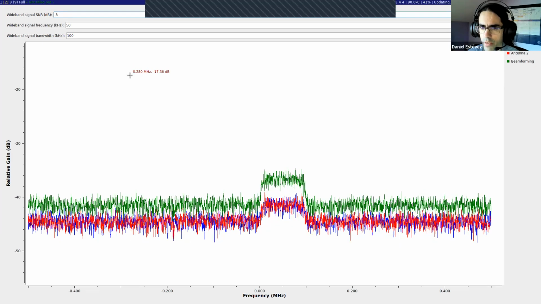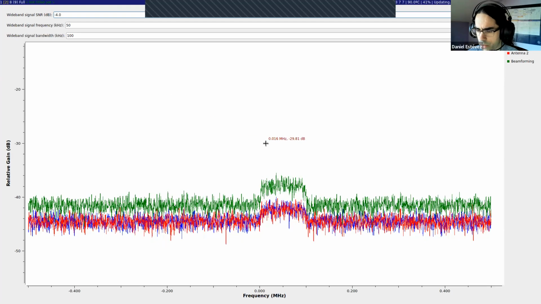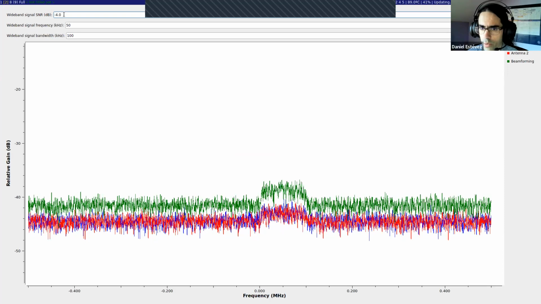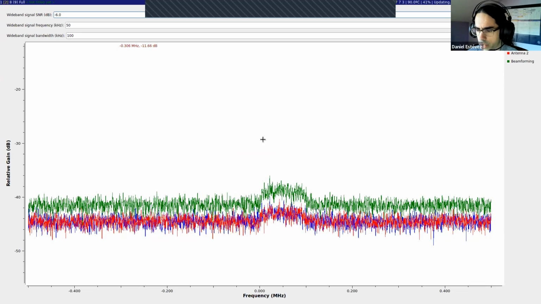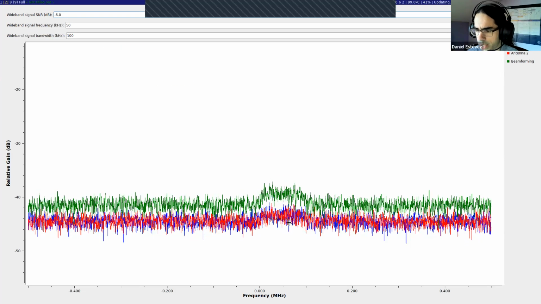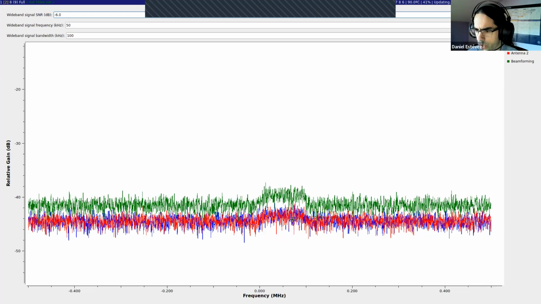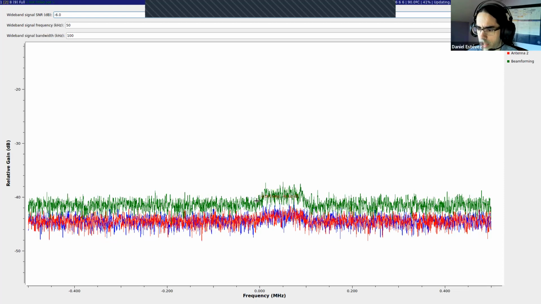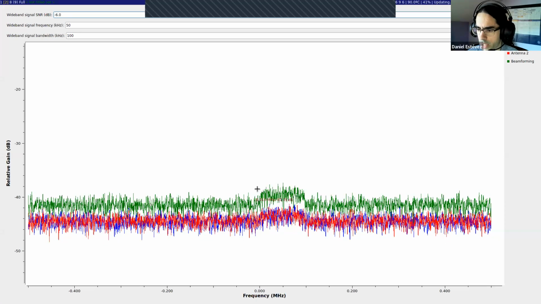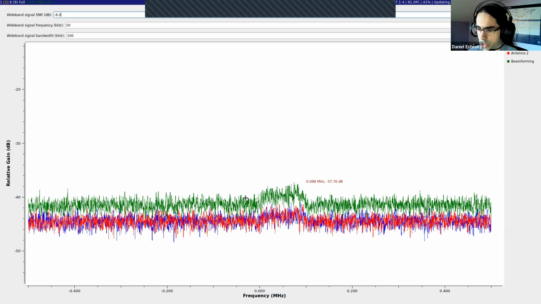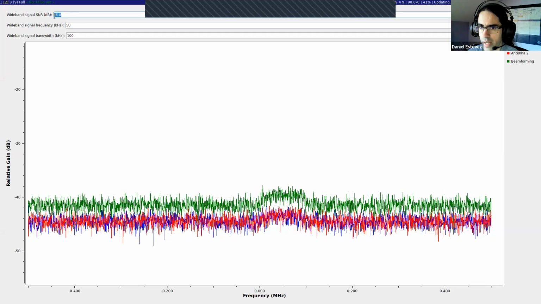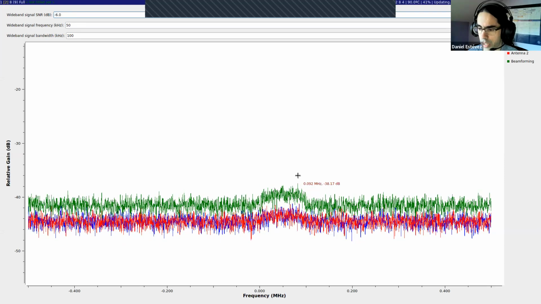So maybe, for example, if I try minus 4 dBs to try and have a weaker signal, or maybe even minus 6 dBs, you can see that the signal in each individual antenna is now not so easy to tell apart from the noise floor, but in the beamforming combination, we can still make out the presence of the signal since we have this 3 dB advantage. So it would be minus 3 dB on the green line.